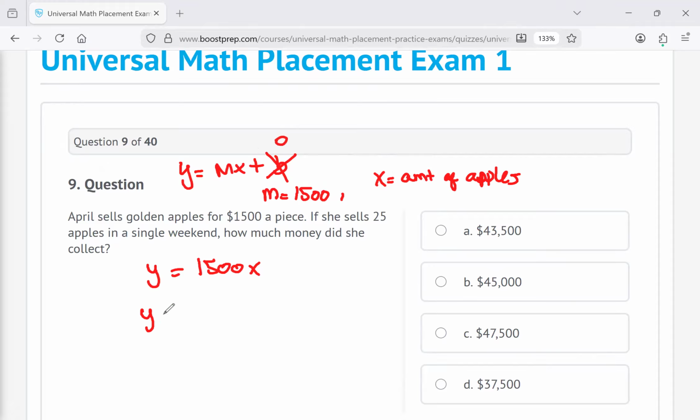So all you've got to do is plug in 25 into the equation, and you get 37,500. That's simple. Okay, 37,500. That's how much she collected.